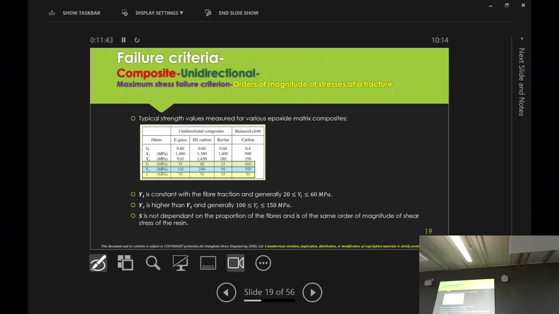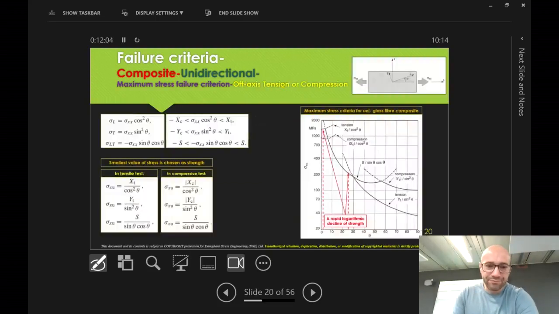To be scientifically correct, it's got little to do with the fiber type. It's purely the matrix. The same matrix is being used, and therefore the same shear strength again. And I'll give you one example of how to, let's get to that. I'll not confuse you further.